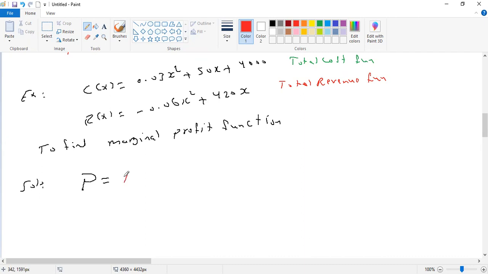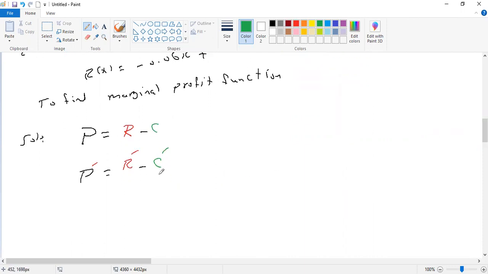Profit is revenue minus cost. So the derivative, the marginal profit, which is the derivative of P, equals the derivative of R, marginal revenue, minus the derivative of the cost function, marginal cost. So the marginal profit is marginal revenue minus marginal cost.